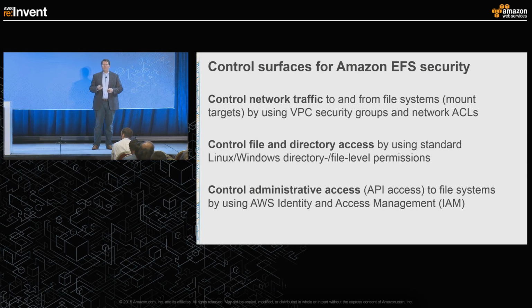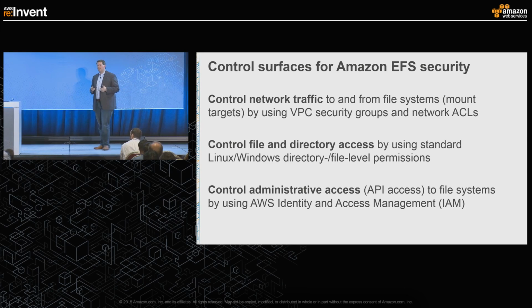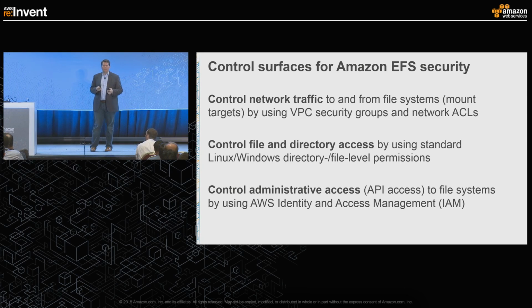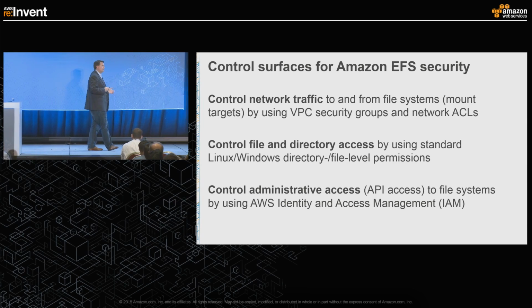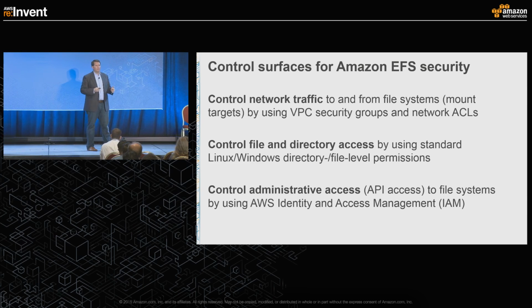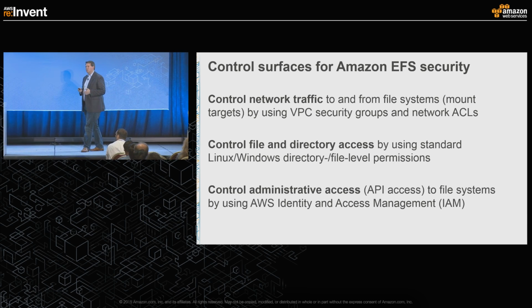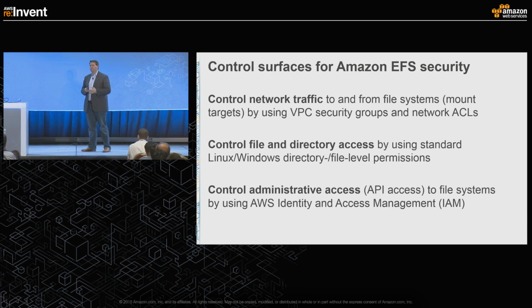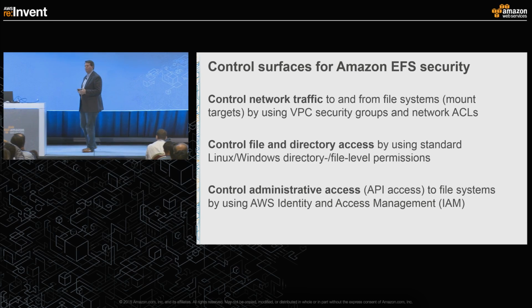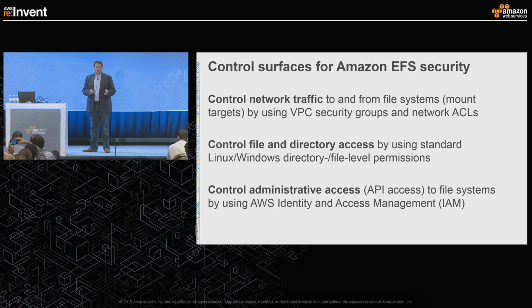Controlling it on the network traffic is really a VPC capability where you have the ability to deploy VPC security groups and the network-based ACLs. So you get to prescribe which EC2 instances are going to have access to a particular file system. Next, at the file and directory layer, you have the ability to manage your user and group permissions, just like you always have on other file systems that you may have had previous exposure to.